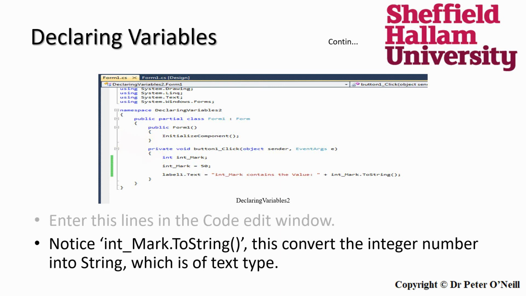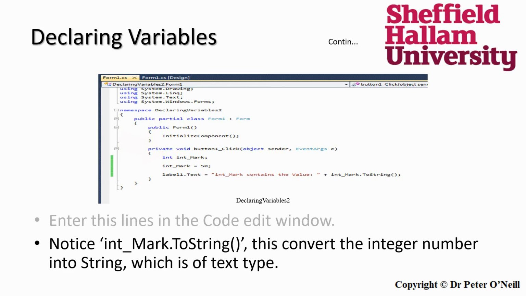Int underscore mark dot toString basically converts an integer type, or any type, to a string. Why do we need to do that? Well, because label.text is of text type, which is actually a string type.